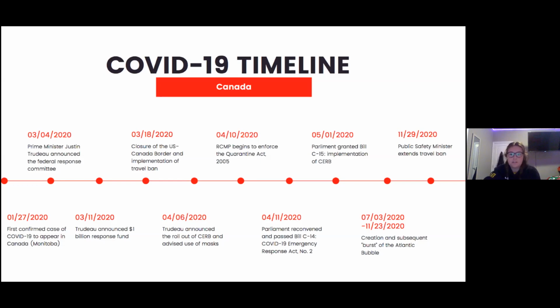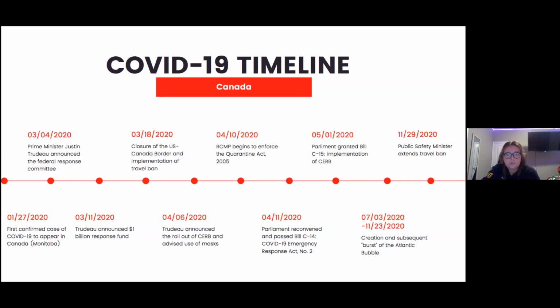Then a couple days after that, Parliament reconvened and passed Bill C-14, which was basically just an updated response act to the Quarantine Act. Then on May 1st was the implementation of the Canadian Emergency Student Benefit, which entailed $2,000 per month for secondary school students who weren't able to find work.